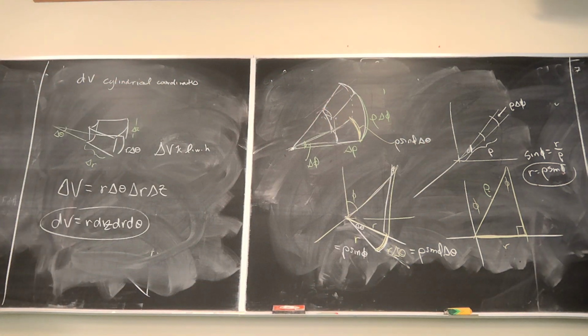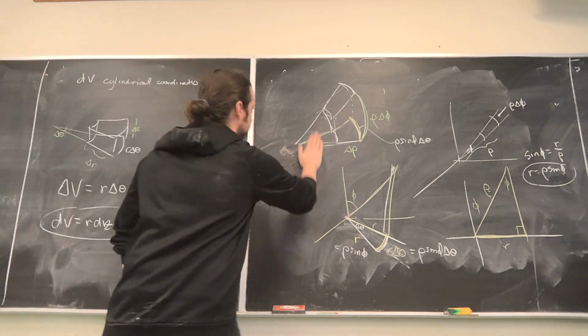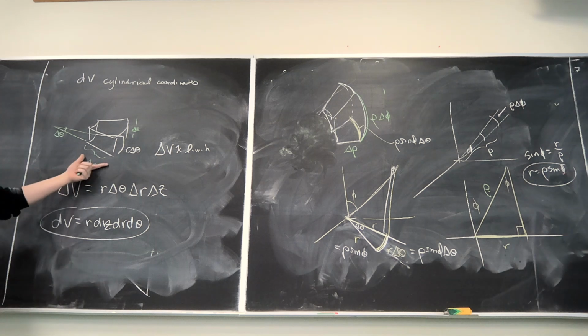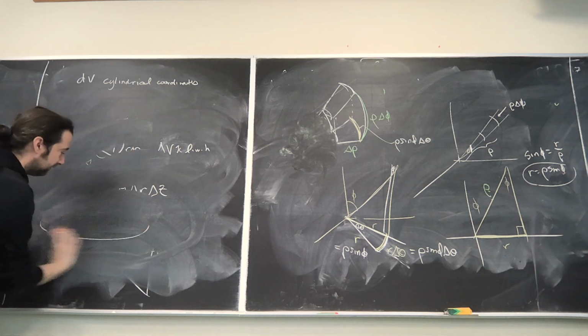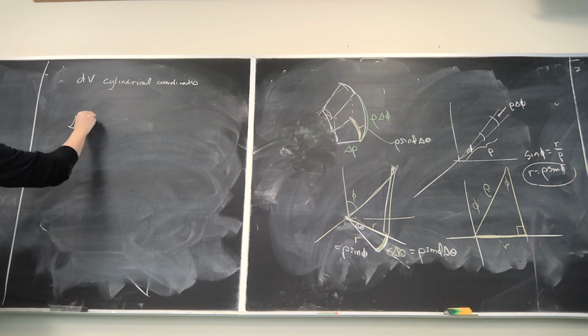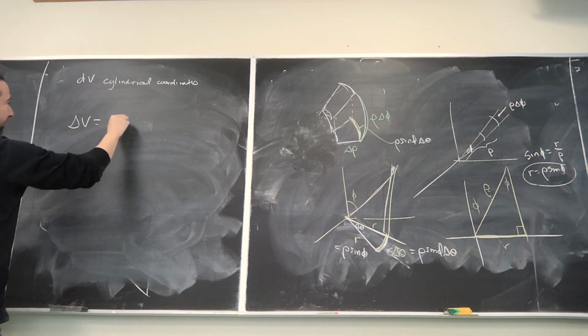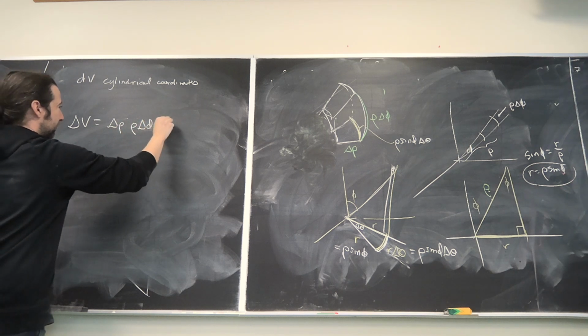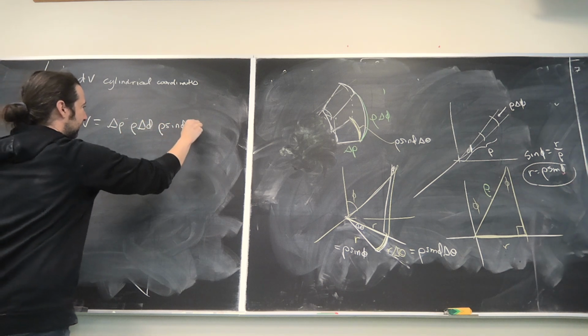And you get the really glorious volume form. It's not nice and square like this one is. If you do length times width times height here, what you end up with is your little bit of volume is equal to delta rho times rho delta phi times rho sine phi delta theta.